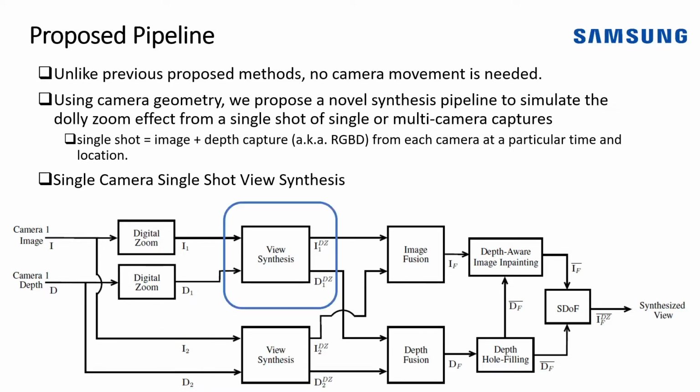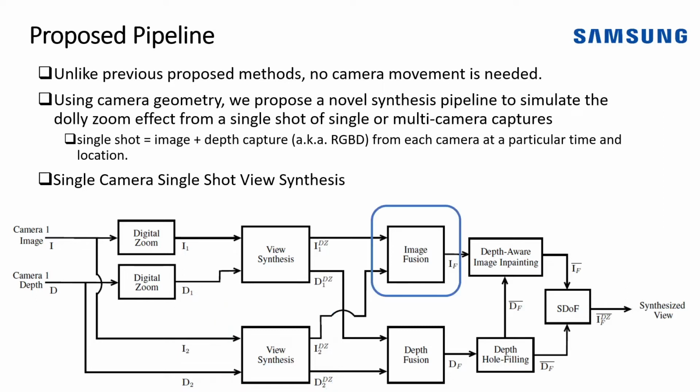With our closed-form mapping formula, a synthesized image I1DZ and its depth D1DZ are produced from I1 and D1 through forward warping and Z buffering for a given index T in the image sequence. Similarly, a synthesized image I2DZ and its depth D2DZ are produced from I2 and D2 through forward warping and Z buffering for the given image sequence index T.